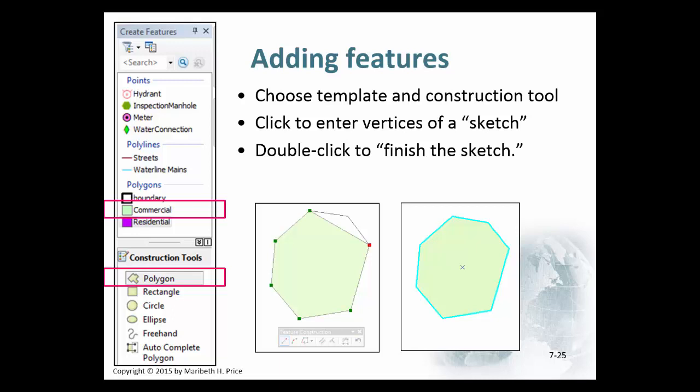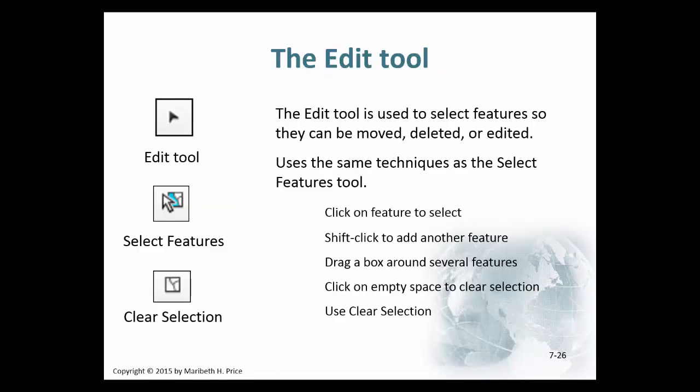When you've finished, right-click and choose Finish Sketch. The shape is added to the data and the record is added to the attribute table. You use the Edit tool or black arrow to select features so they can be edited, moved, or deleted.